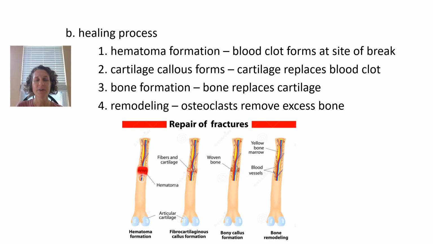Then you have that blood clot being replaced by cartilage. And so you have a cartilage callus that forms. And then the cartilage, just like with bone formation in general, the bone replaces the cartilage. So the osteocytes are taking in more calcium and more minerals to harden.